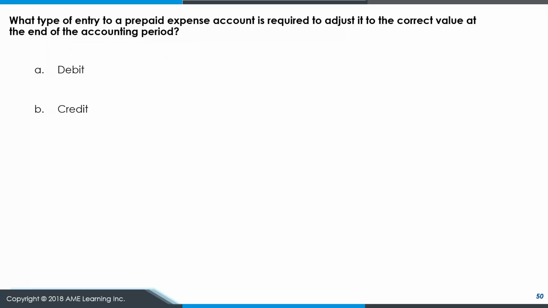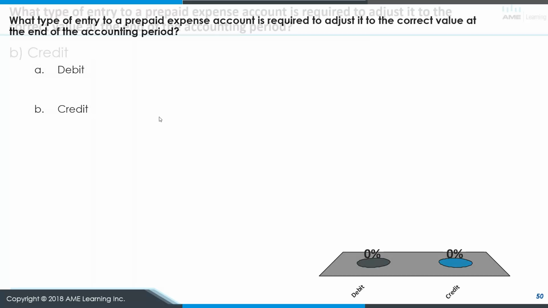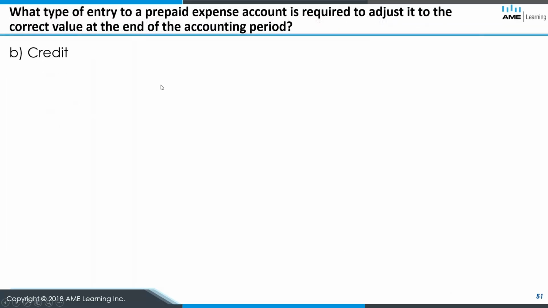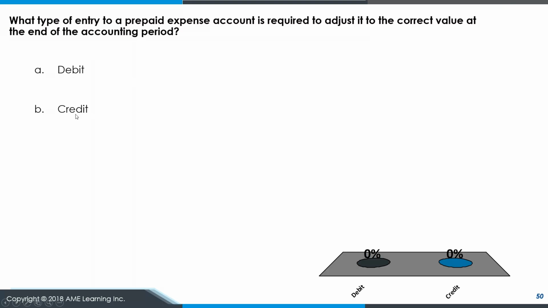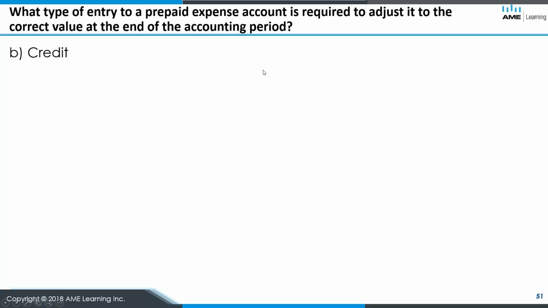If we need to be reducing these prepaid expenses to adjust them correctly, we're going to want to do the decrease side, so it would be a credit. That's a stream of logic, but it's just another way of saying that assets are decreased with credits. And when we're adjusting prepaid expenses, which are an asset, we're going to be crediting those.